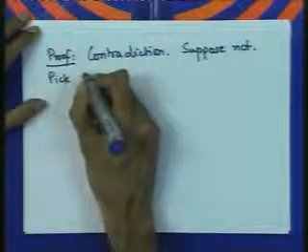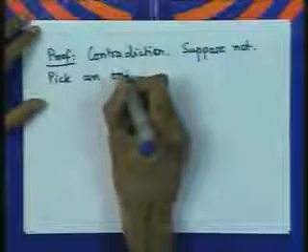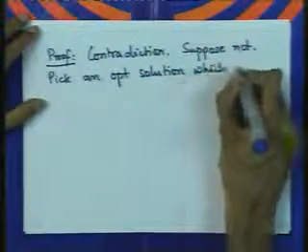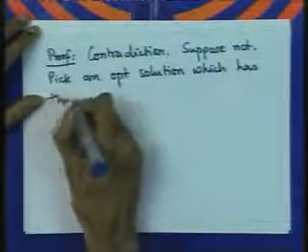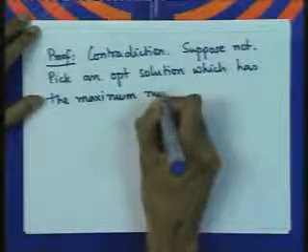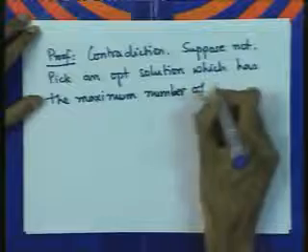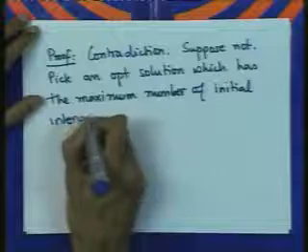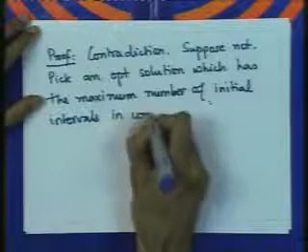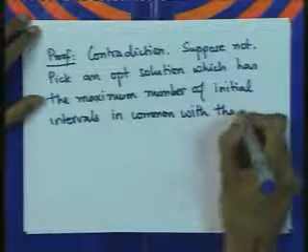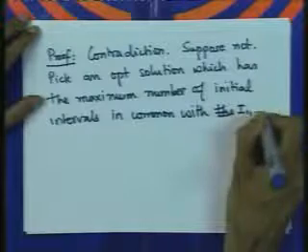So then pick an optimum solution which has the maximum number of initial intervals in common with I1 up to Ik.